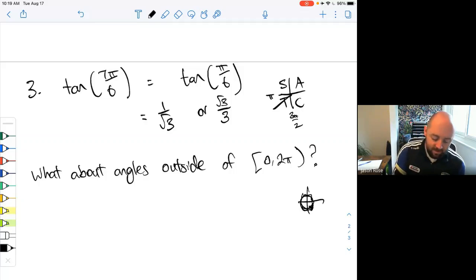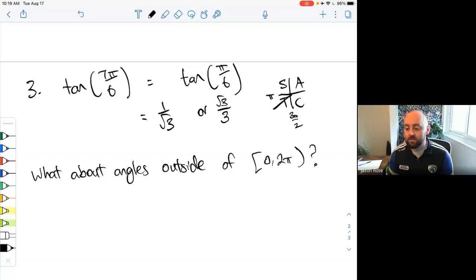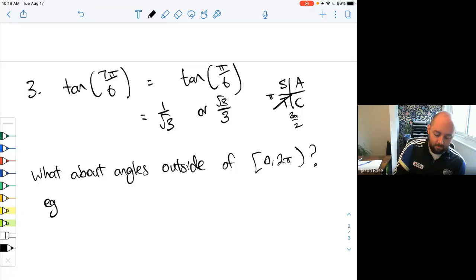What about angles that are bigger than 0 to 2 pi? So not just going as far as 11 pi over 6. What if it's bigger? So for example, what is cosine of, let's say, 11 pi over 3?